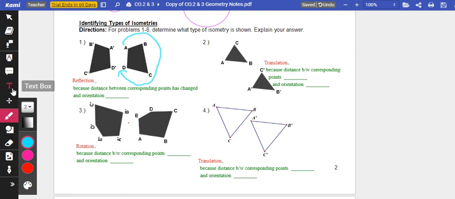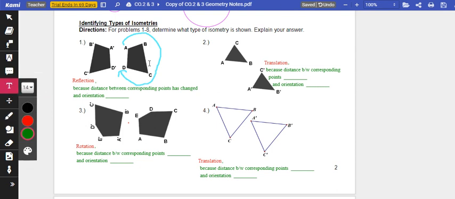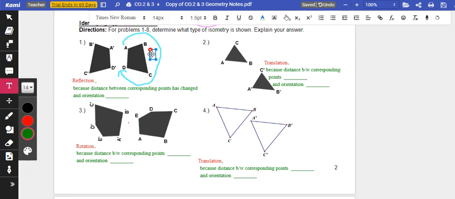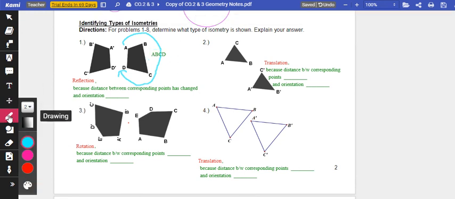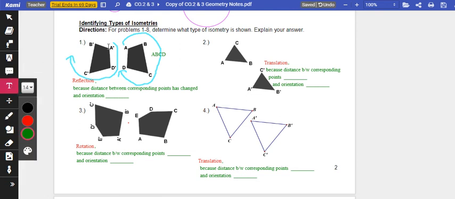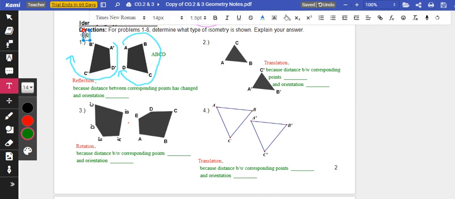For this one, I got A first, then B, then C, then D. So I'm going to type that off to the side: A, B, C, and then D. If I do that for this other side, starting at A and again working clockwise, now instead of A, B, C, D, I get A, D, C, B. From A to D to C to B.